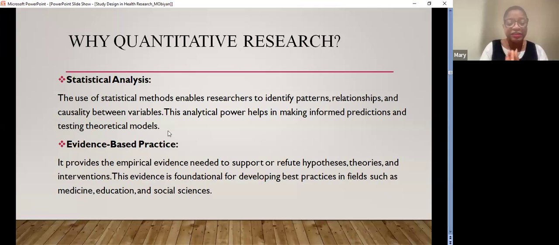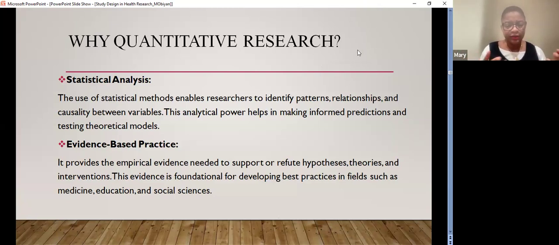Quantitative research helps evidence-based practice. It provides evidence to support or to refute hypotheses, theories, or interventions. You know, this has not been going very well. However, we found it is actually not working. Why are people not using it? Why do we have an outbreak of cholera in a place, and then we know we have the salt-sugar solution, but in this community, despite providing the ORS, I think we call it, sorry, permit me, it's been long, they are not using it.